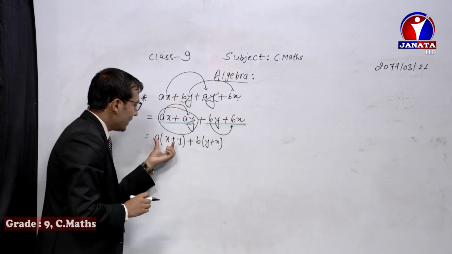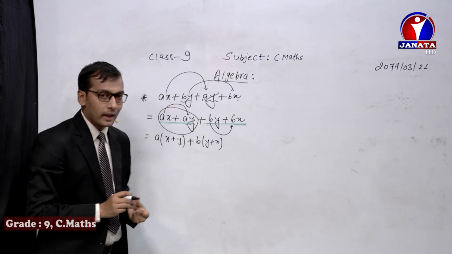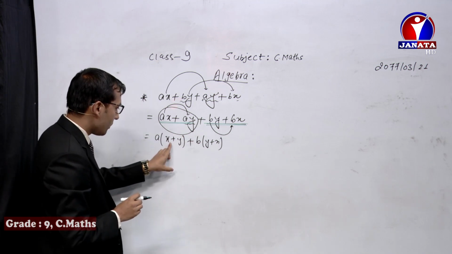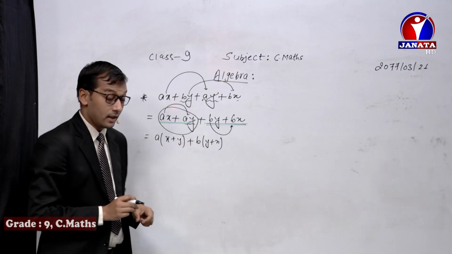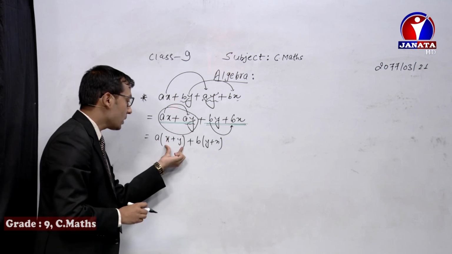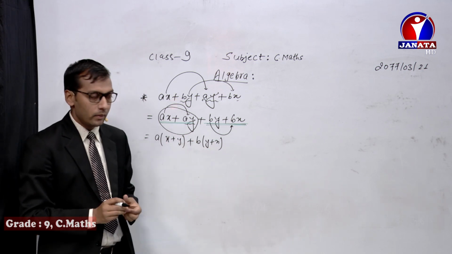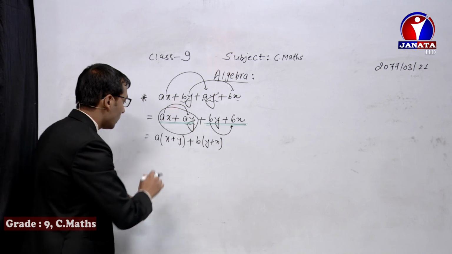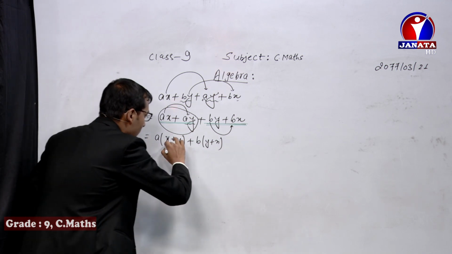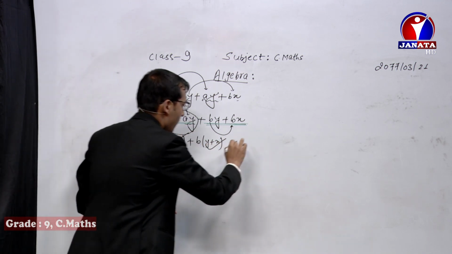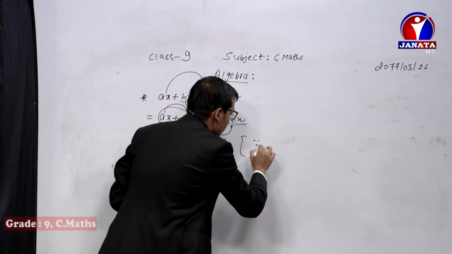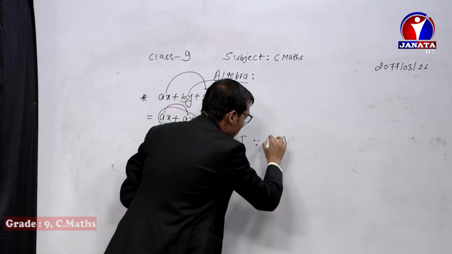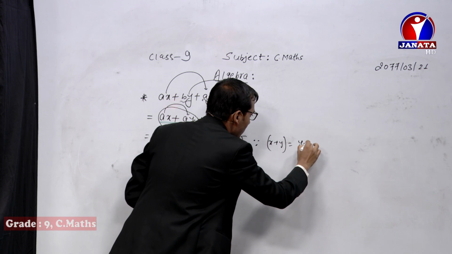Now, looking at the terms in the brackets, there are the terms x plus y and y plus x. It's the same. X plus y and y plus x are the same because there is a positive sign. So again, we can take x plus y common, since x plus y is equal to y plus x.